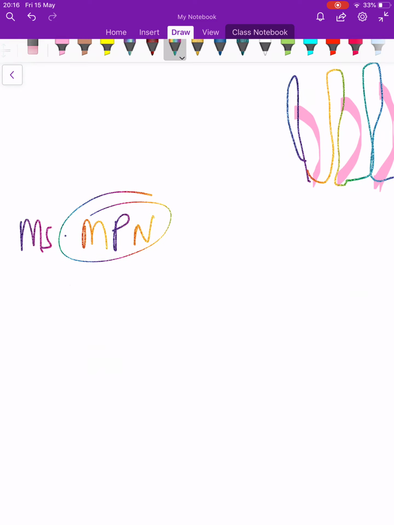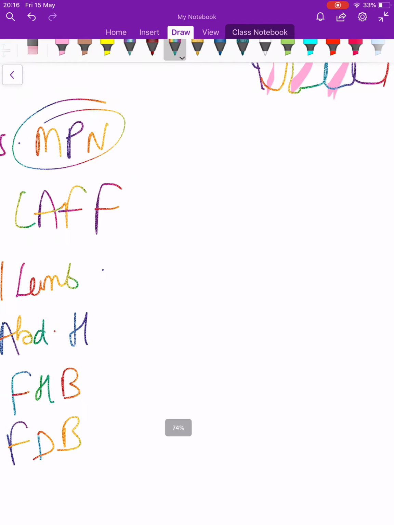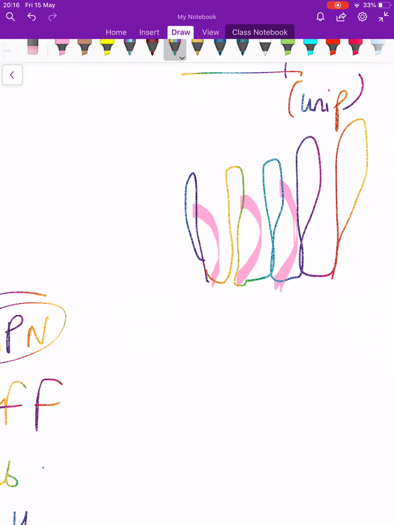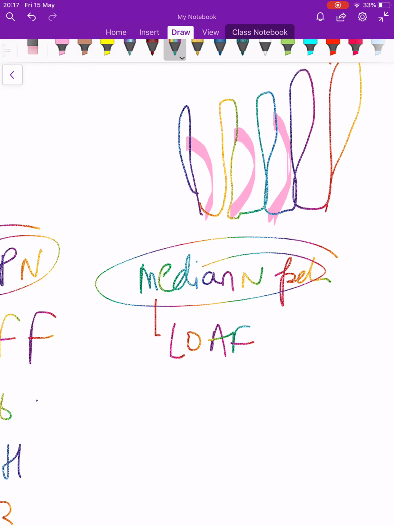The mnemonic is LAFF. First lumbrical, then abductor hallucis, then flexor hallucis brevis, and the flexor digitorum brevis. Then the muscles supplied by the median nerve in the palm, also had a similar mnemonic, LOAF: lumbricals, opponens pollicis, abductor pollicis brevis and the flexor pollicis brevis.